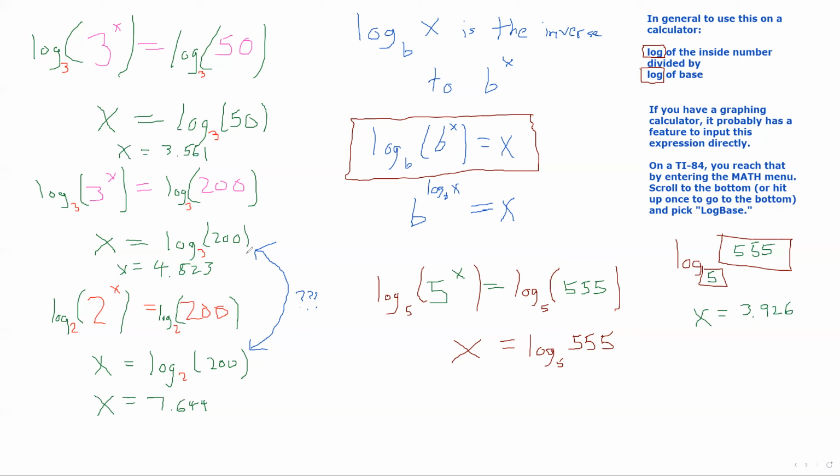Okay, so this is how I encourage you to do logarithms. It's not the only way I've seen it taught. If you are watching this and you're going, but this isn't how my teacher did it. Yeah, your teacher is doing it a really confusing way, which is to say they're talking about, oh, well, if you have 6 to the x equals 300, then all you have to do is write log base 6 of 300 equals x.